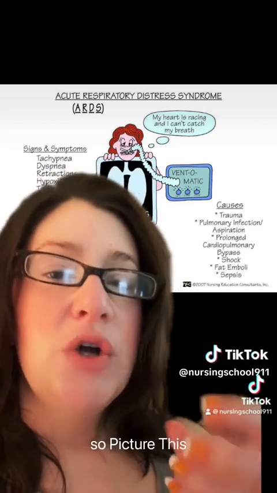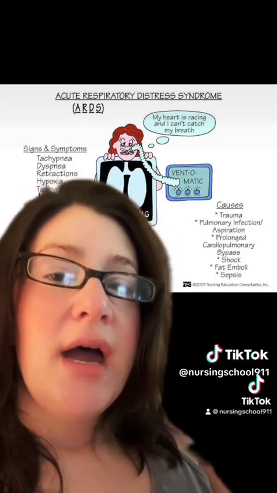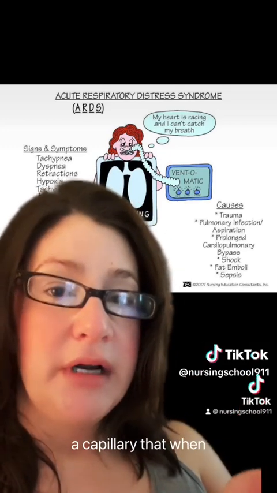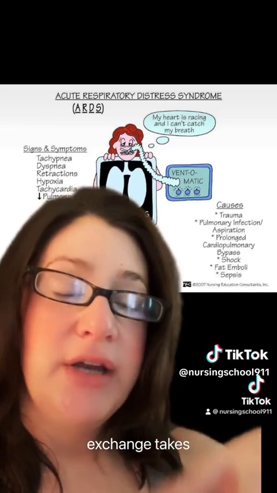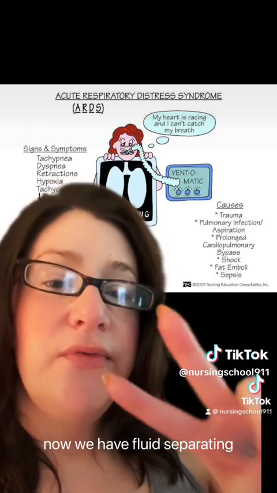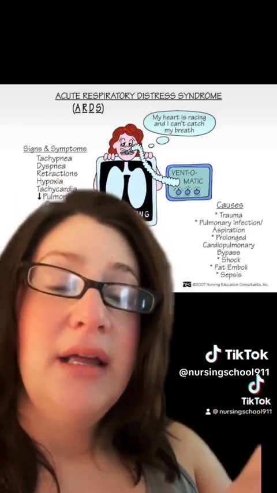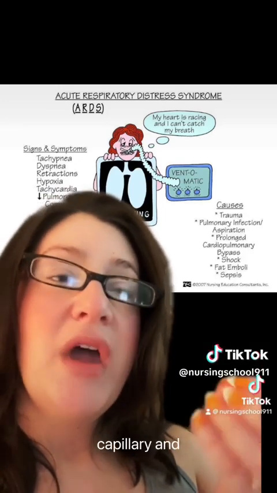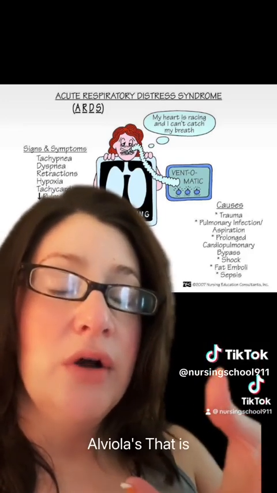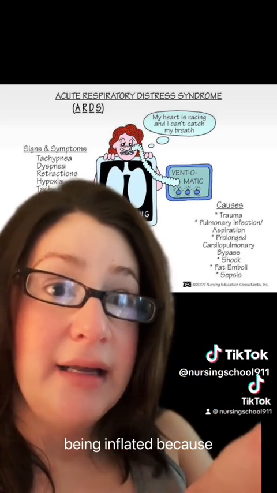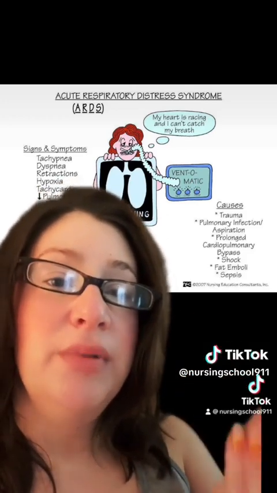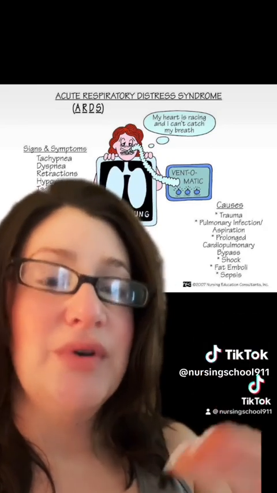All right. So picture this. We have an alveoli and a capillary that when they come into contact with each other, gas exchange takes place. But now we have fluid separating the alveoli from the capillary, and we also have an alveolus that is not compliant to being inflated because of decreased surfactant production.